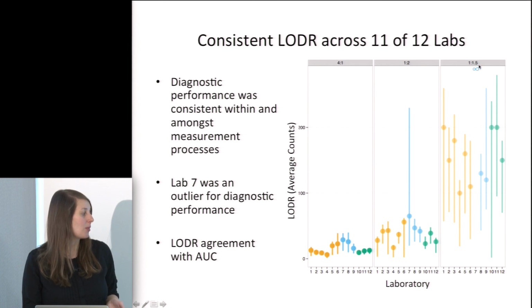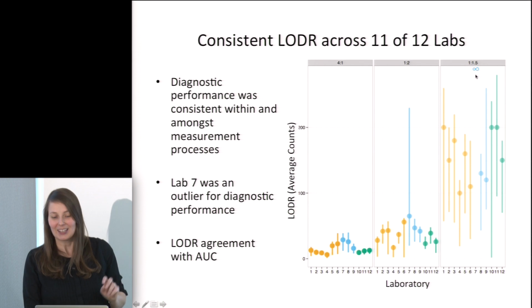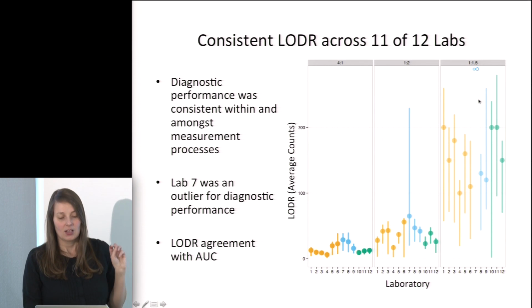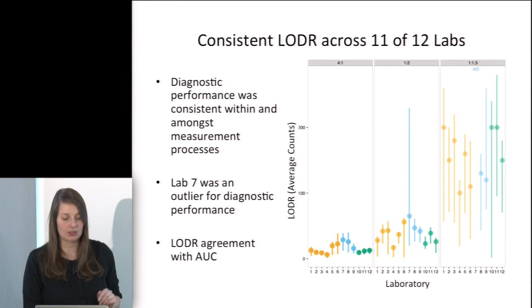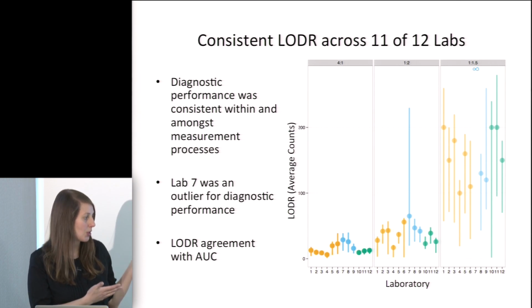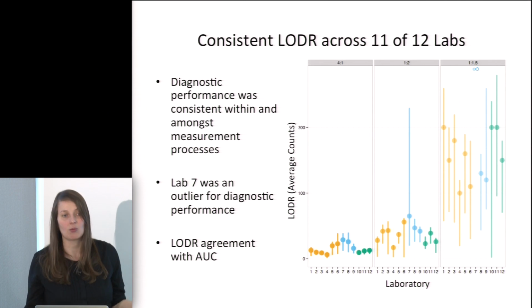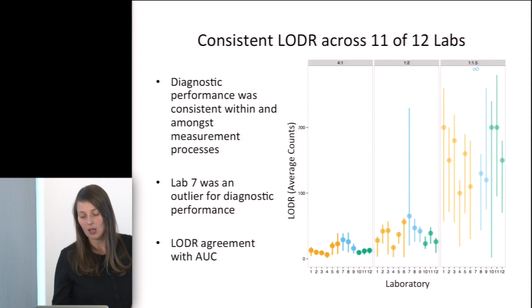And so in particular for the 1 to 1.5-fold ratio here, we've annotated the chart to show an infinity symbol where an LODR was not able to be estimated for that ratio for that particular laboratory. And also I'll note that our LODR results, which I'm showing here, were also in agreement with the AUC statistics that we calculated across these laboratories.